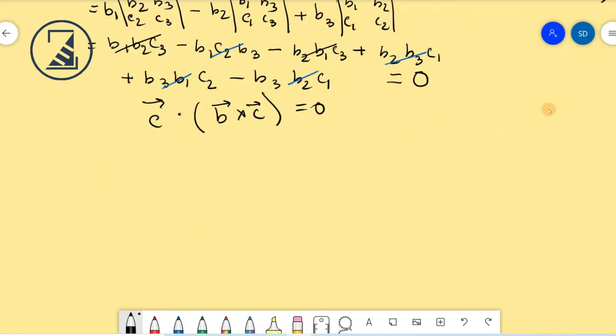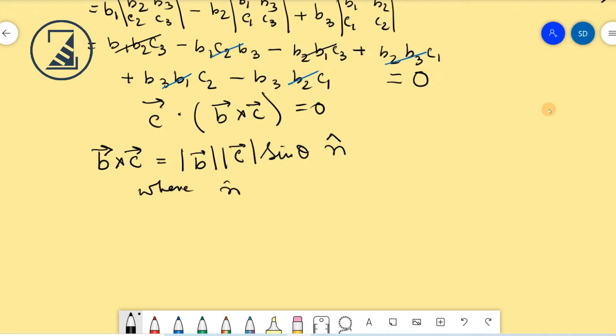Now we are going to give the formal definition of cross product, that B cross C is defined as magnitude of B magnitude of C multiplied by sine theta into n cap, where n cap is a unit vector perpendicular to both B vector and C vector.